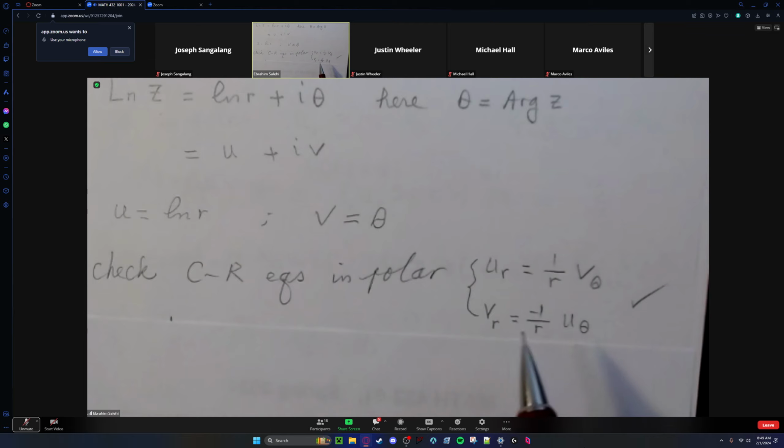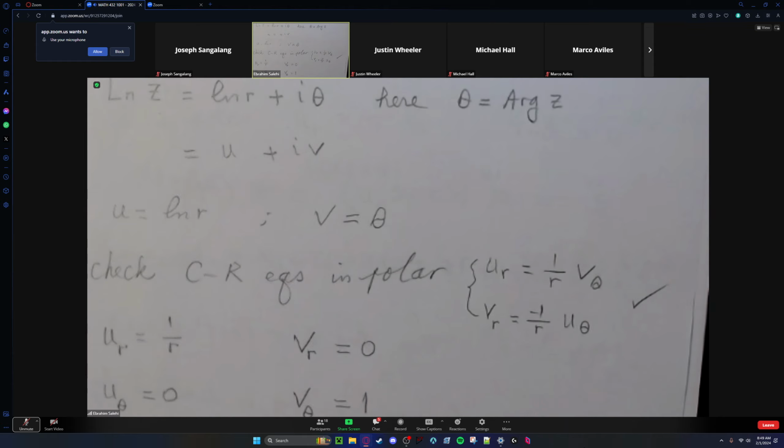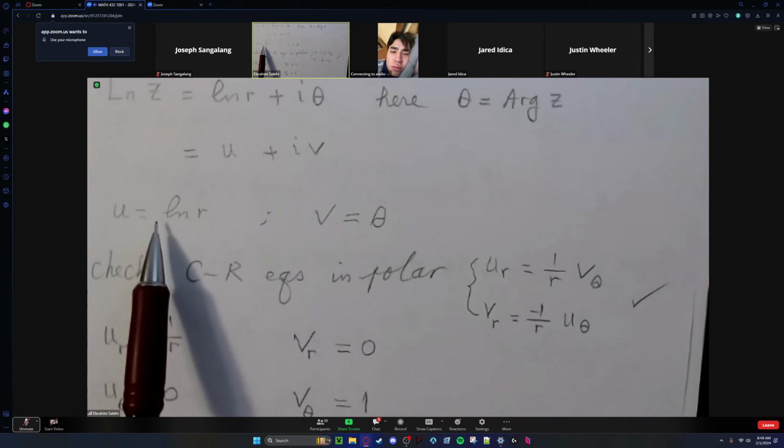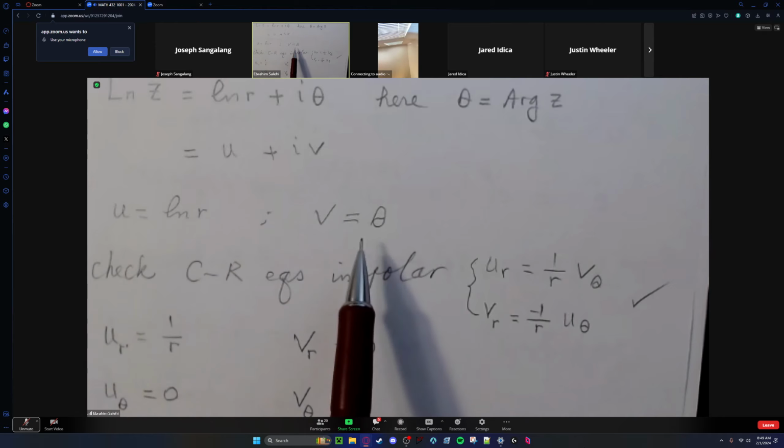And if the function has a derivative and satisfies the Cauchy-Riemann equations and those conditions, then the derivative will be e^(-iθ)(u_r + iv_r). I will talk about that momentarily. So here is the u, here is v.